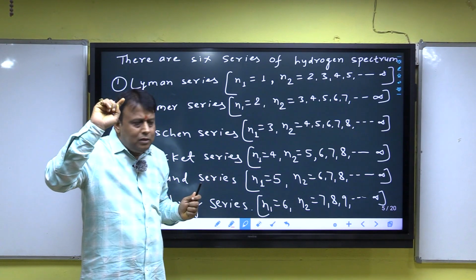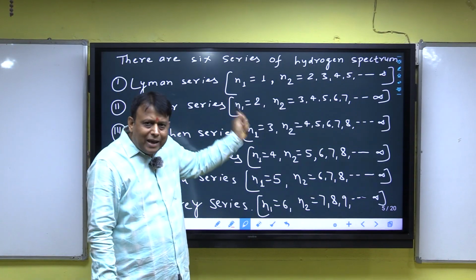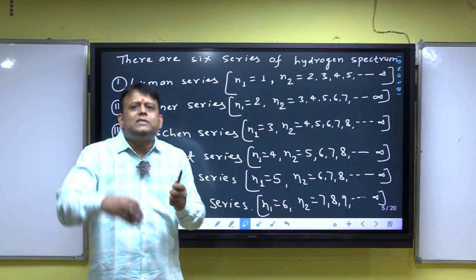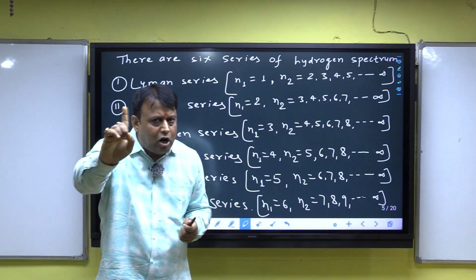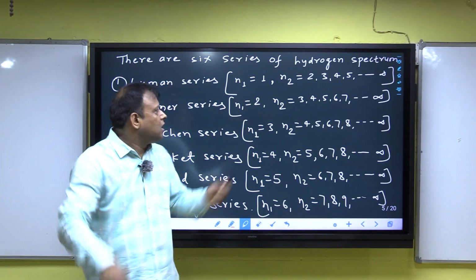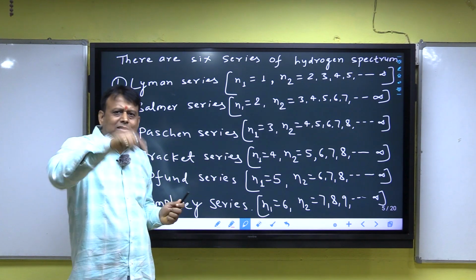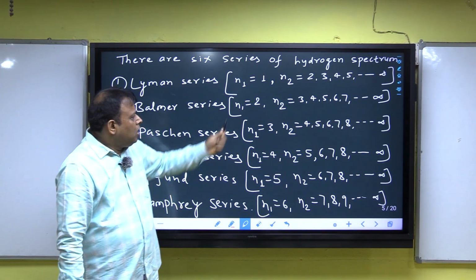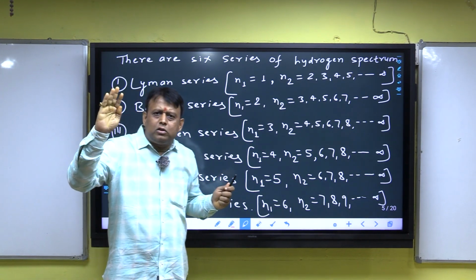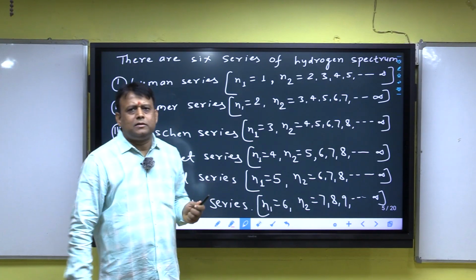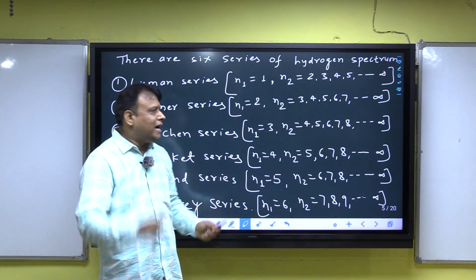And one more thing, the second orbit means first excited state, not first orbit. First orbit means ground state, second orbit is first excited state. Second, third, fourth, all are excited states, but second is the first excited.